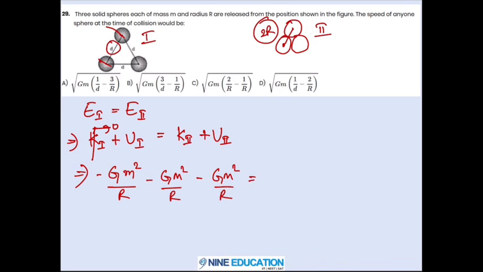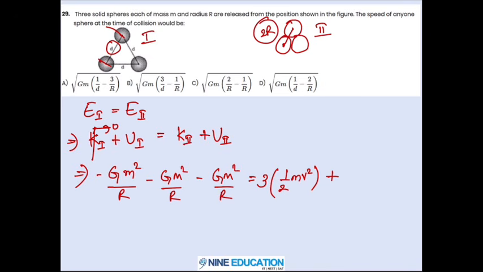That is equal to final kinetic energy, which is half mv square into 3, because all the three spheres will be moving simultaneously, plus final potential energy. This time the distance between the spheres is 2r.